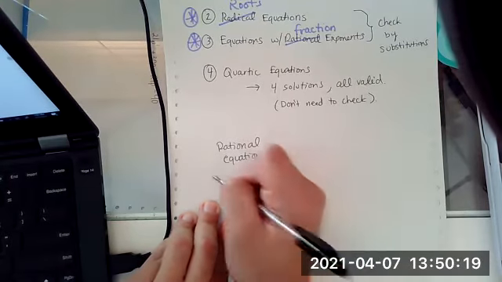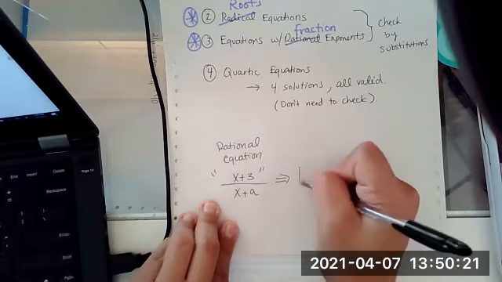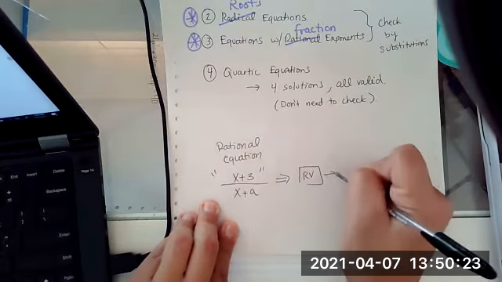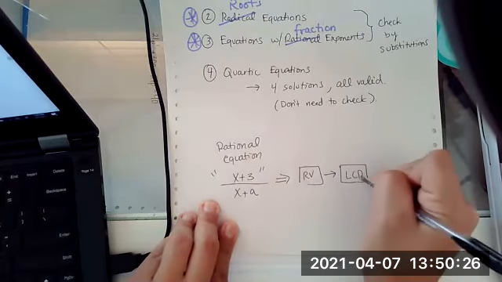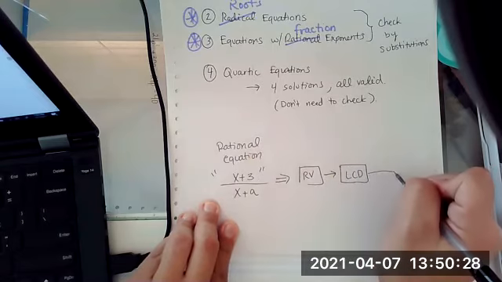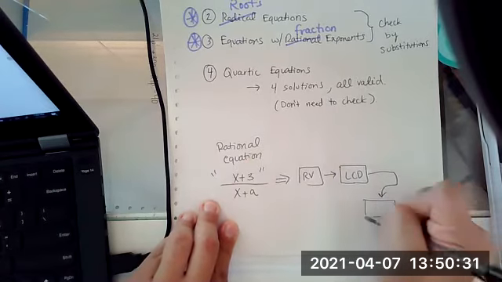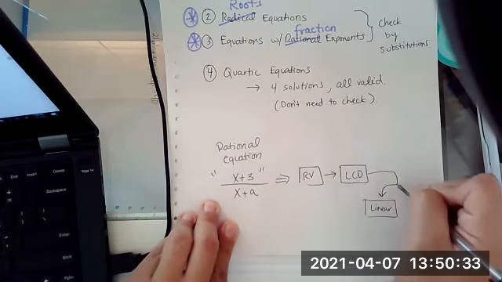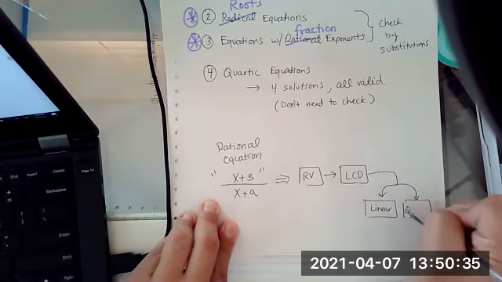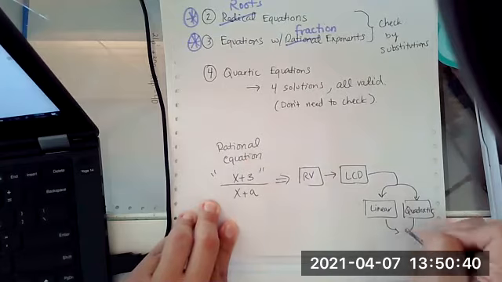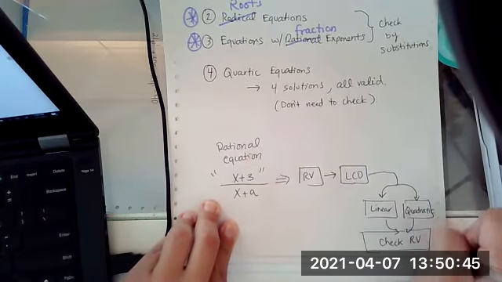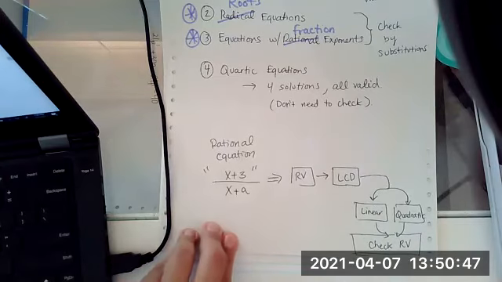When you see something that looks like this, you're going to look for the restricted values, you're going to look for the LCD, and then you're either going to solve the linear equation or the quadratic equation. But in any case, you'll check the restricted values. I don't know, like some sort of bubble flow chart that tells you this is the path that I take in solving this particular kind of problem.